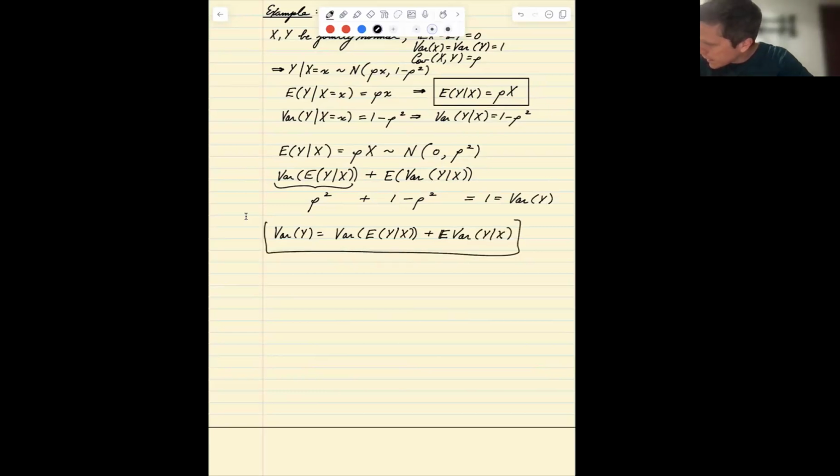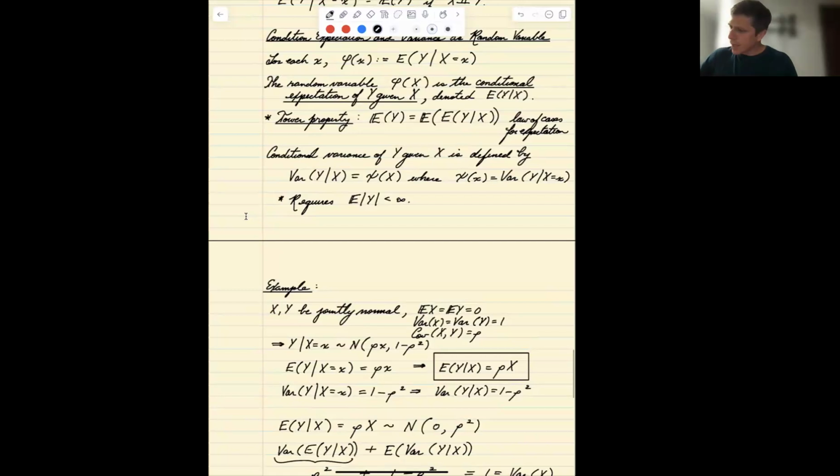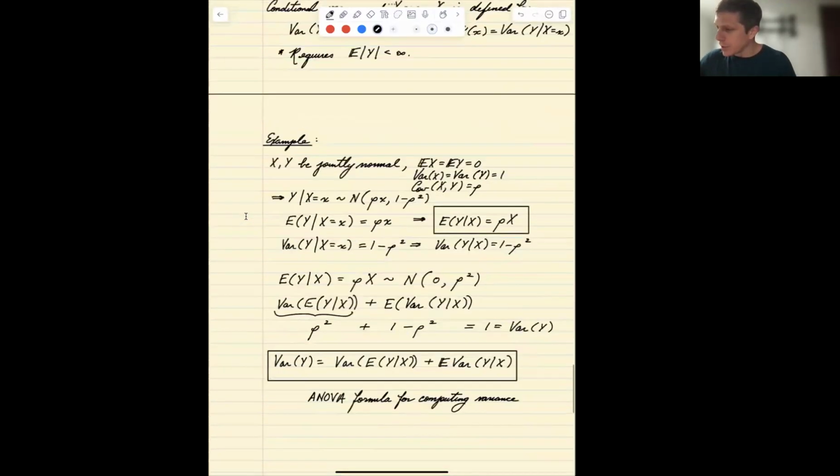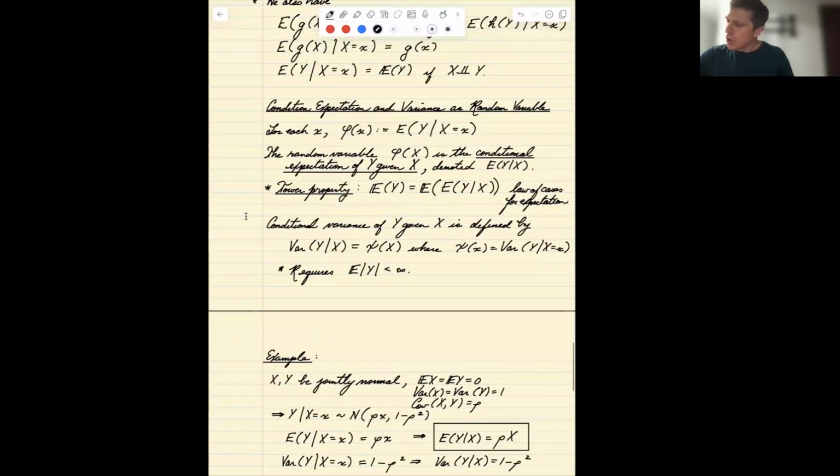That is called the ANOVA, the analysis of variance formula for computing variance, which is kind of the tower property for variance, the way that we express ordinary variance in terms of conditional mean and conditional variance. And then here we have the ordinary expectation in terms of conditional expectation.